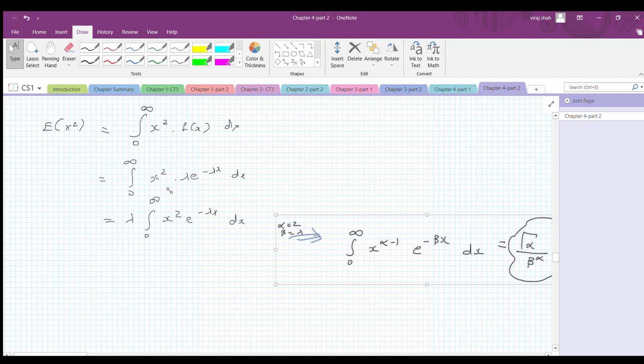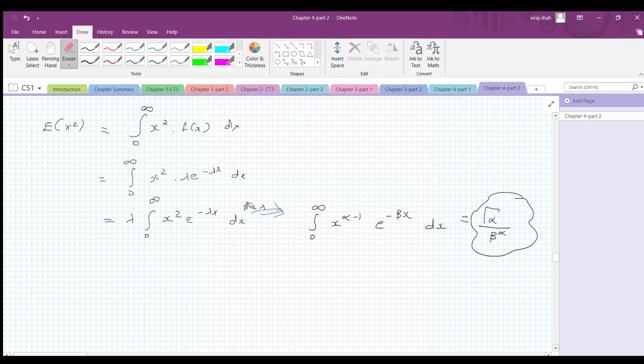Similarly, now I can compare my answer with the gamma function. So what would be my value of alpha and beta? Beta is same, lambda. What will be alpha? This would be nothing but x raised to 3 minus 1. Therefore, alpha would be 3.